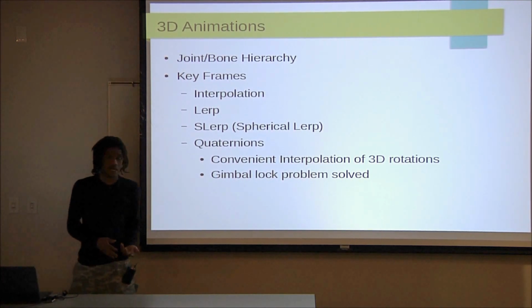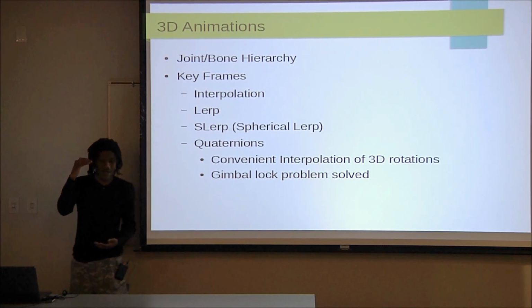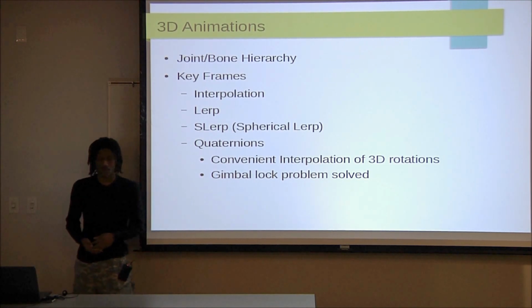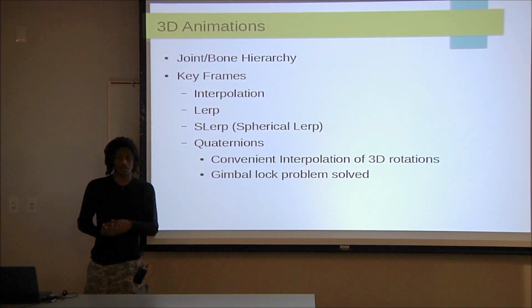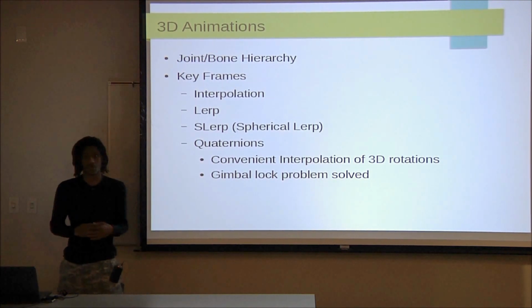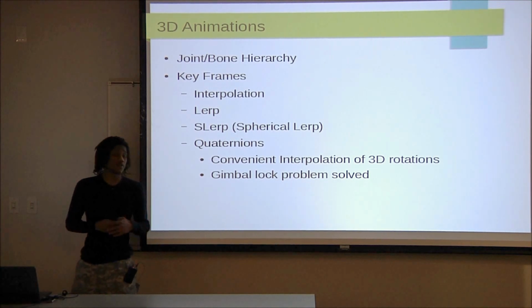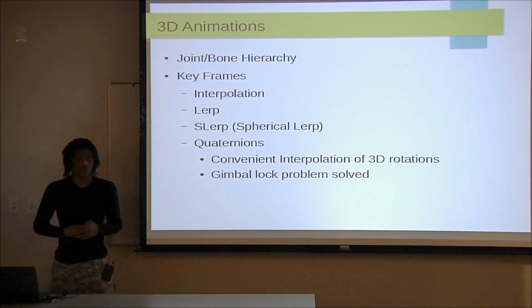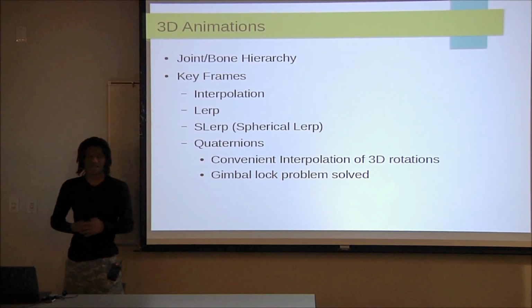If you're not familiar, gimbal lock is basically whenever you have your yaw, pitch, and roll, in whatever order that is, and always the one in the middle. As soon as you rotate that by 90 degrees, you lose an axis of rotation if you're using Euler angles instead of quaternions.